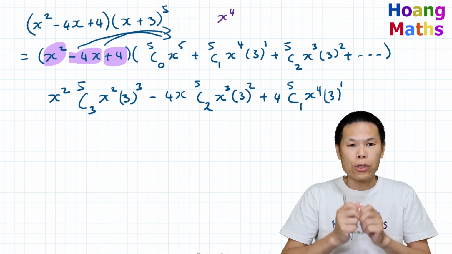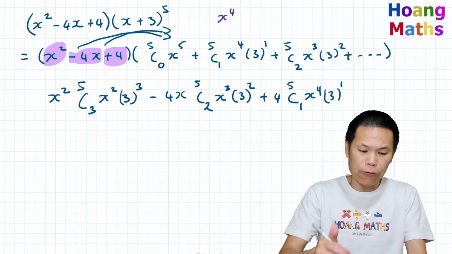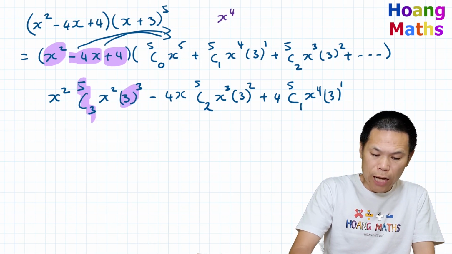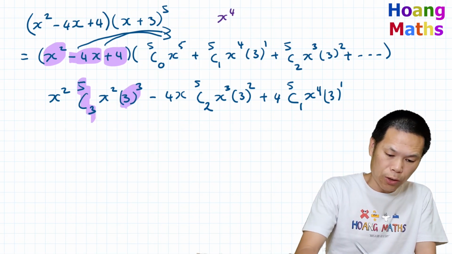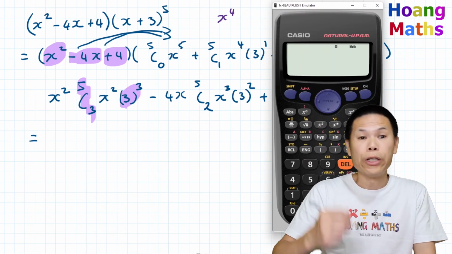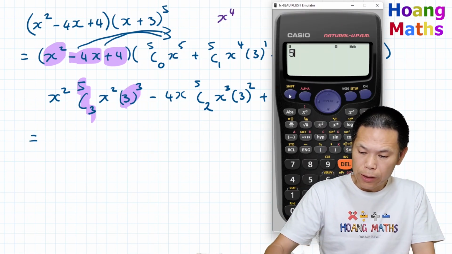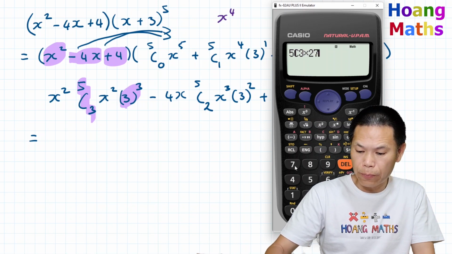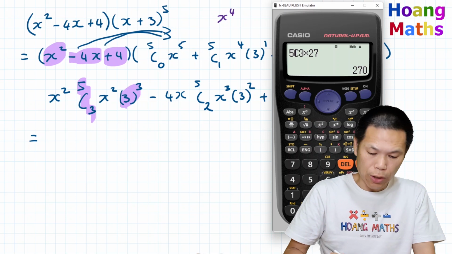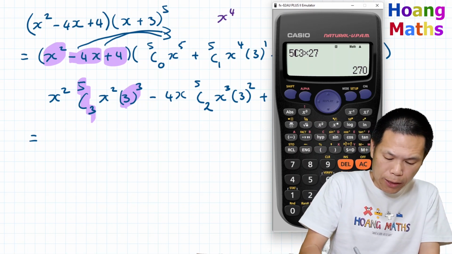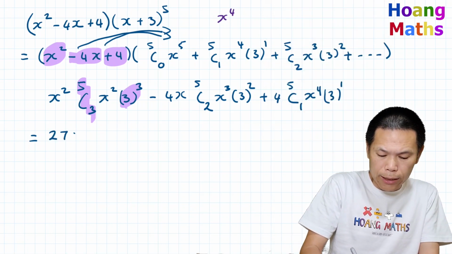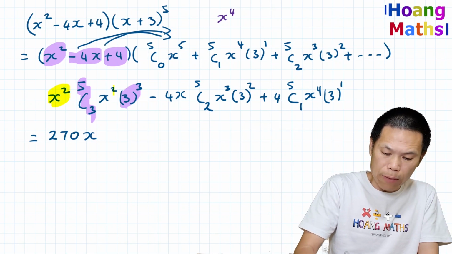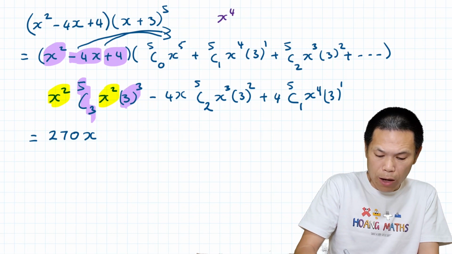Now let's simplify this by using a calculator. I just use 5C3 times 3 to the power 3, which is 5C3 times 27. So that is 270, and 270 x to the power 4, because x squared times x squared is x to the power 4.